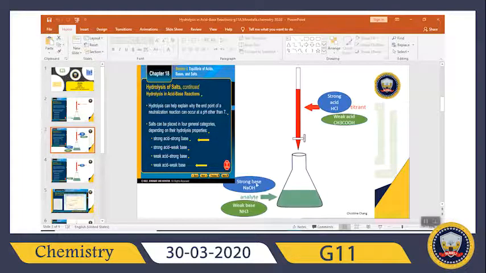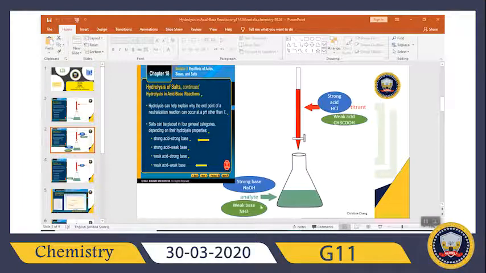And because NaOH is a strong base, the HCl is strong acid, so the anion hydrolysis and the cation hydrolysis are equal. So the overall result of this reaction is neutral solution. So the pH will be around 7.